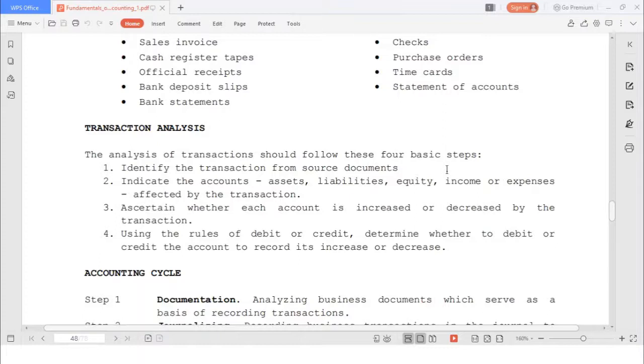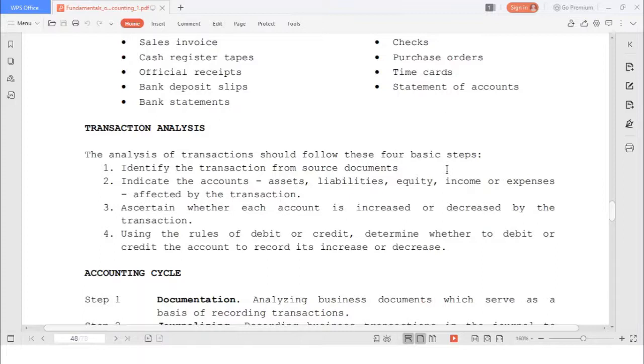Kay dito na magsugod tanan. If you don't know how to identify those accounts and how are they affected, diba, is dili na ka makapadayon yun sa process.